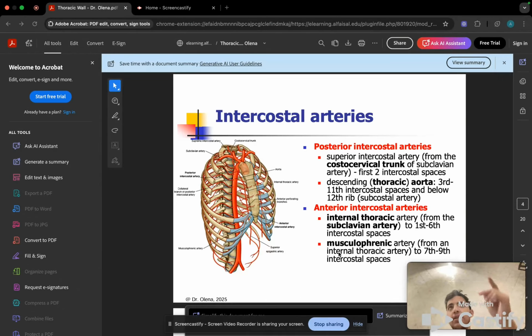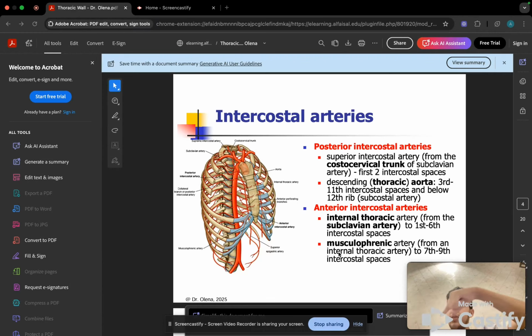Internal thoracic artery, you have the subclavian artery, and then a branch of it is the internal thoracic artery, and then it will branch off and gives the intercostal arteries, the anterior intercostal arteries for the 1st to 6th intercostal spaces. And then this internal thoracic artery will also branch off and become the musculophrenic.